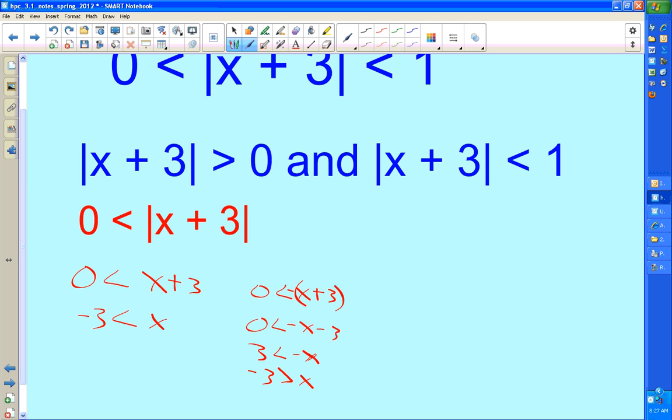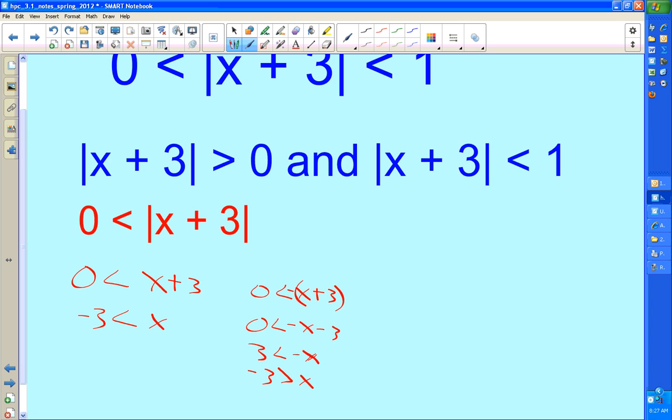So you have x is greater than negative 3, and x is less than negative 3. Okay? So it's everything except the negative 3. The only thing that's going to screw this up for you is the negative 3.